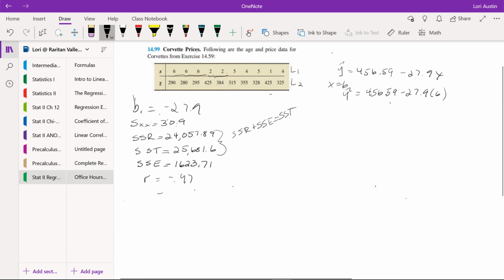So like I said, I'm skipping 15.3. It really is not relevant enough for us to do this semester. But 15.4 is all about correlation. So this is inferences in correlation.